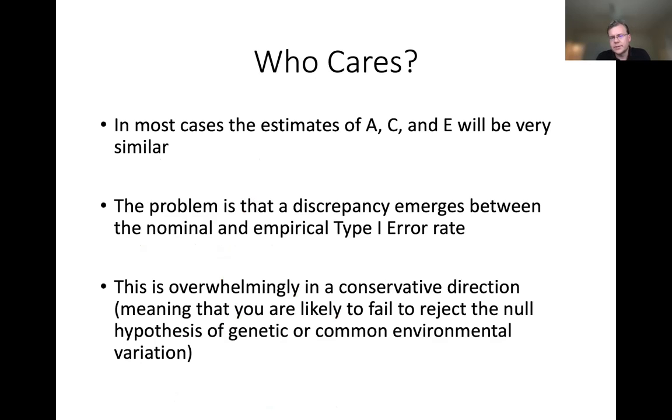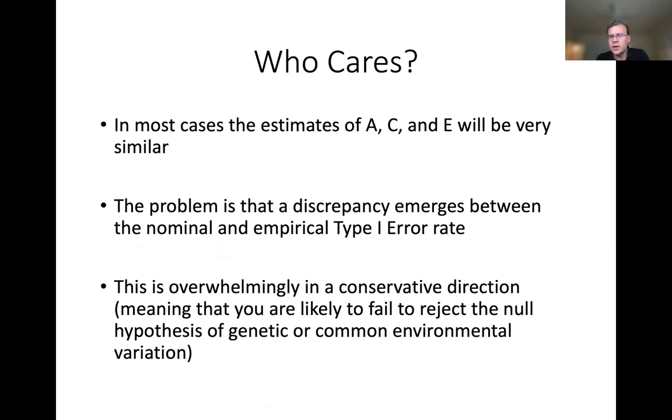And who cares? In most cases, in reality, the estimates from the direct symmetric approach are going to be very similar to standard squared variance approaches. The problem is the discrepancy that emerges between the nominal and the empirical type 1 error rate.